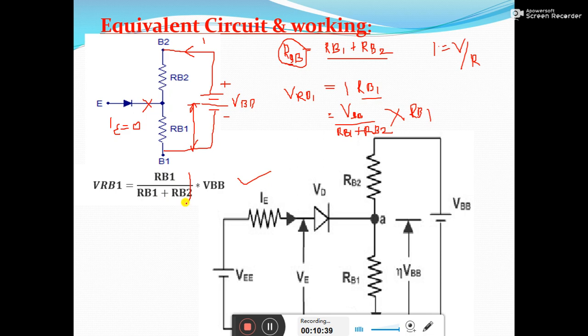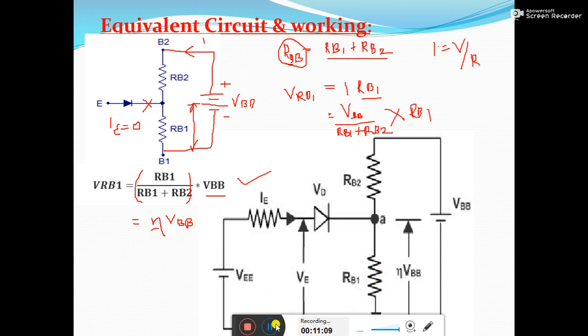This entire term can be represented with a symbol called eta, and VBB is written as it is. So eta into VBB. What is this eta? Eta is nothing but the intrinsic standoff ratio. So finally, the voltage across RB1 is found to be eta into VBB.